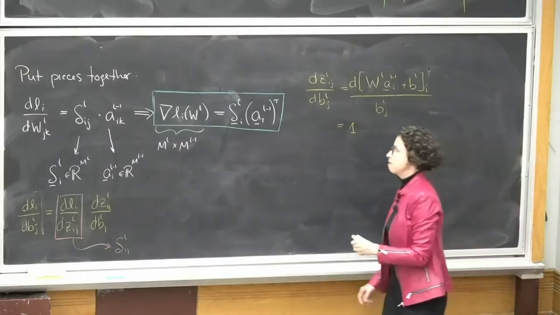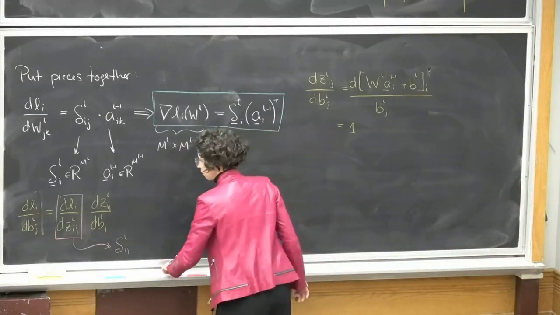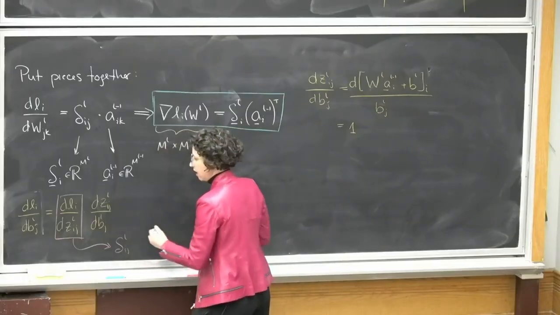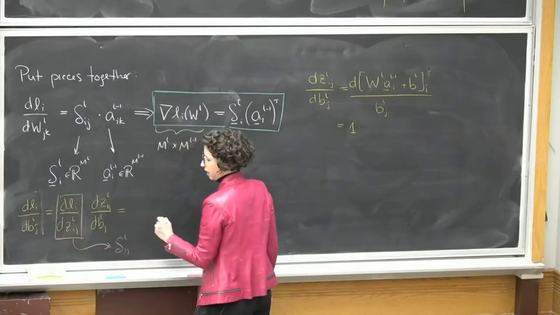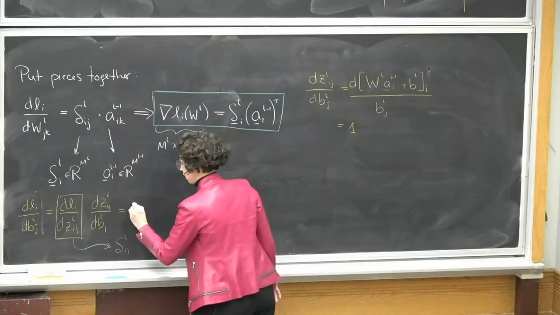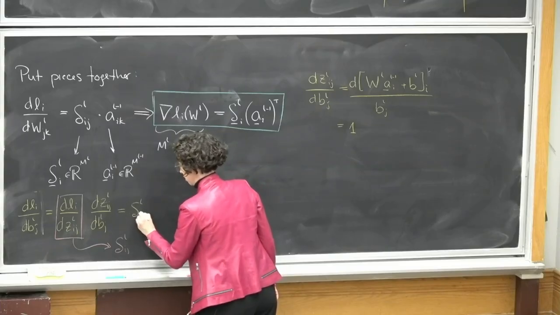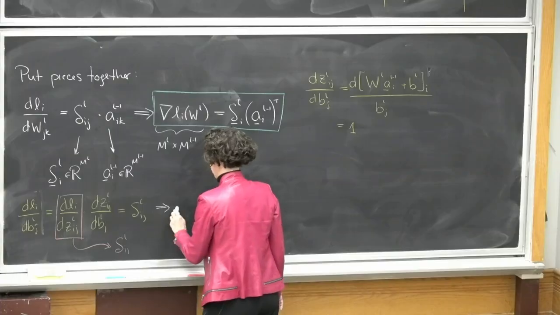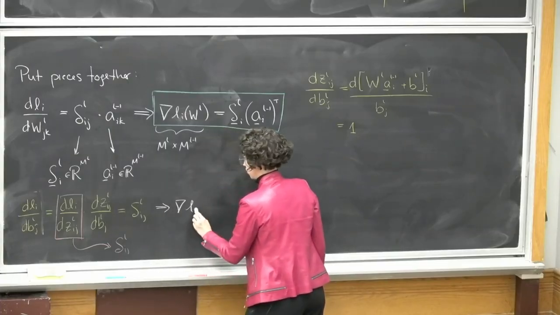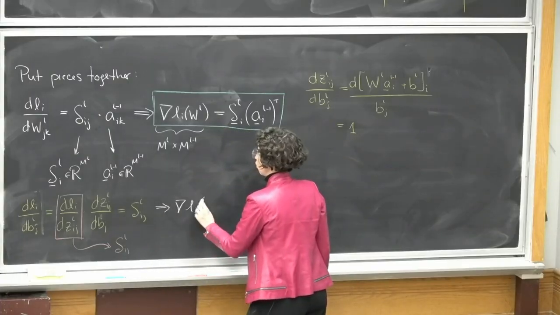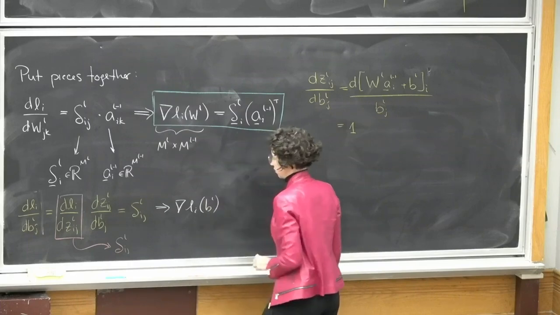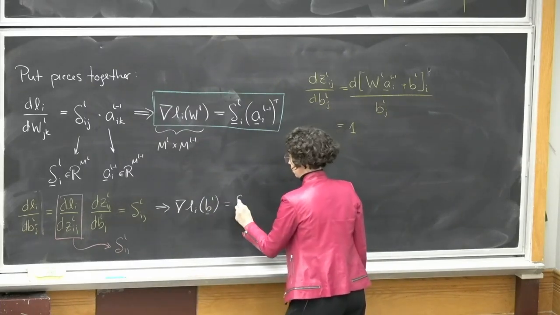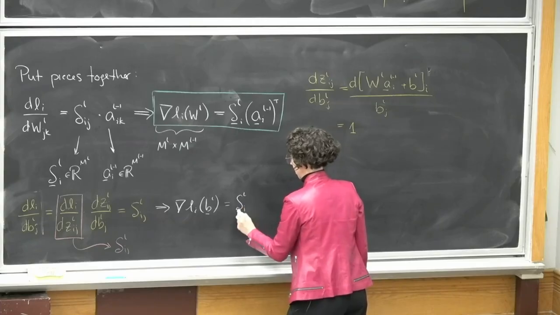And so, again, putting the pieces together, we have that the derivative of L_i with respect to b^l_j is simply equal to delta^l_ij, or if we want to form the full gradient of the loss for the ith sample with respect to the biases at the lth layer, that is simply equal to delta^l_i.